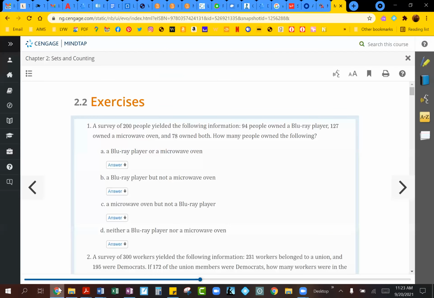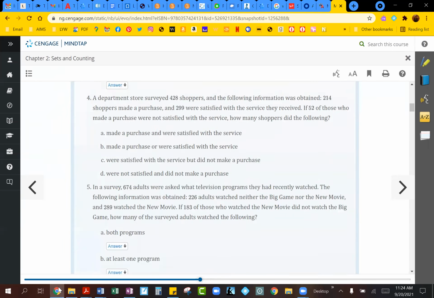Okay, I'll leave this over here and let's go into our exercise. How about we look at number 16 from section 2.2.